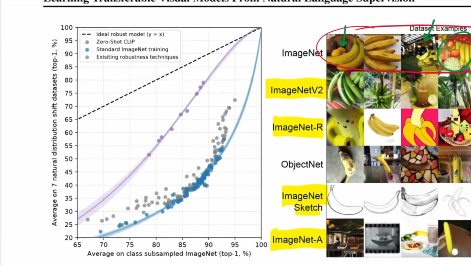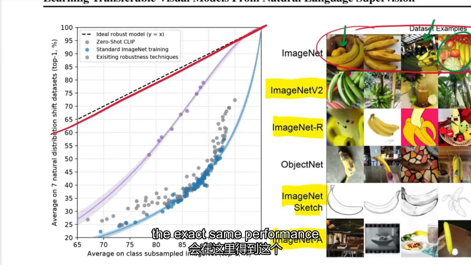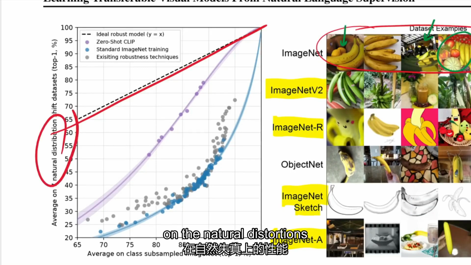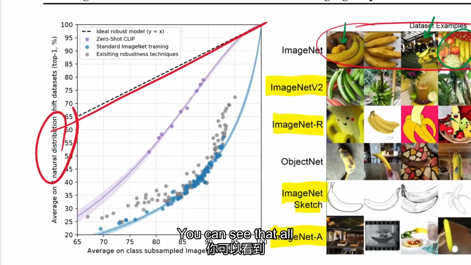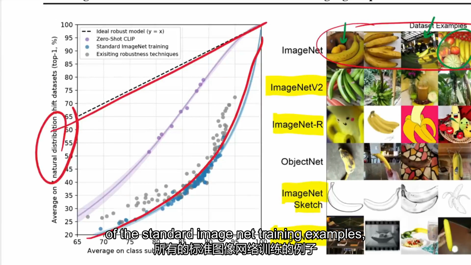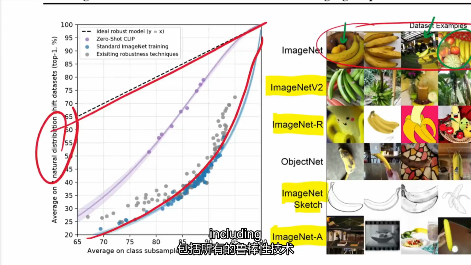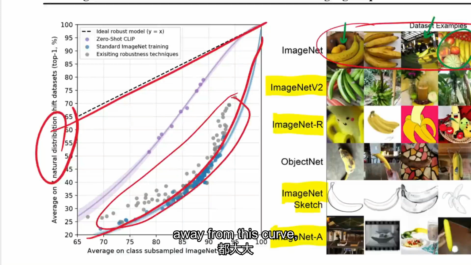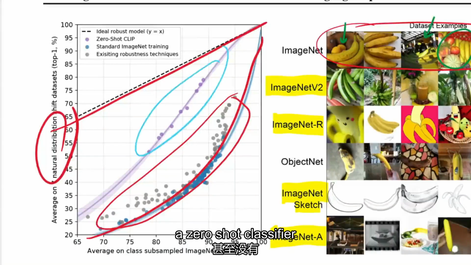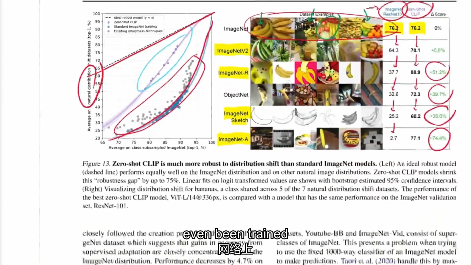And that results, so here is the curve, in that if you had the ideally robust model, you'd have this right here, so the exact same performance on the natural distortions as on the original ImageNet. You can see that all of the standard ImageNet training examples, including all the robustness techniques that barely lift away from this curve, are massively outperformed by a zero-shot classifier that hasn't even been trained on ImageNet.